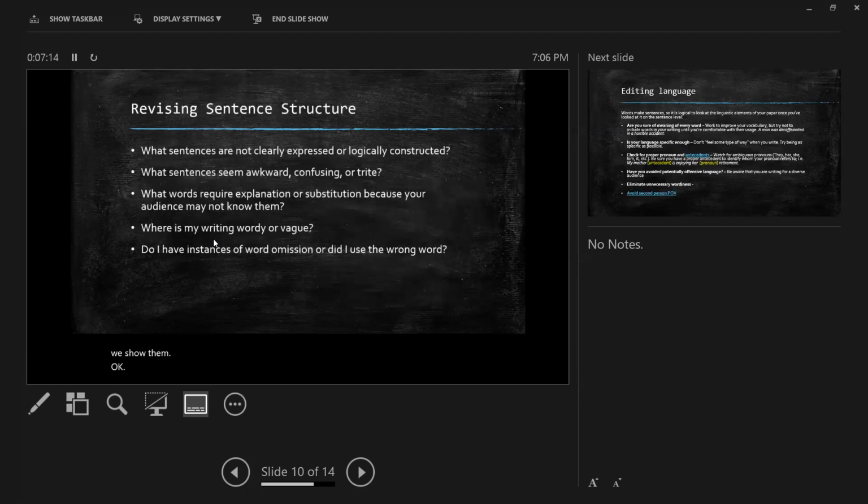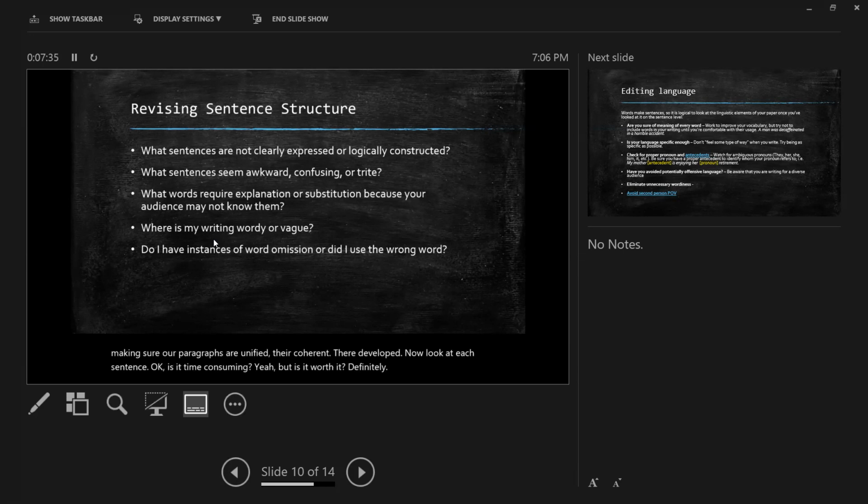Now, if you notice the sequence here, we started by looking at our papers as a whole, checking for organization. Then we broke it down to look at each paragraph, making sure our paragraphs are unified, coherent, and developed. Now look at each sentence. Is it time consuming? Yeah, but is it worth it? Definitely.